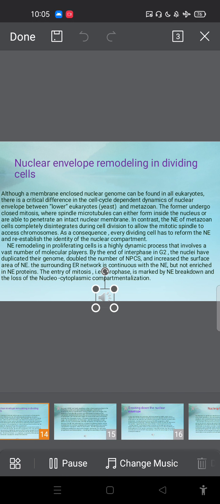Nuclear envelope remodeling in dividing cells. Although a membrane-enclosed nuclear genome can be found in all eukaryotes, there is a critical difference in cell cycle dependent dynamics of the nuclear envelope between lower eukaryotes, yeast, and metazoans. The former undergo closed mitosis, where spindle microtubules can either form inside the nucleus or are able to penetrate an intact nuclear membrane.